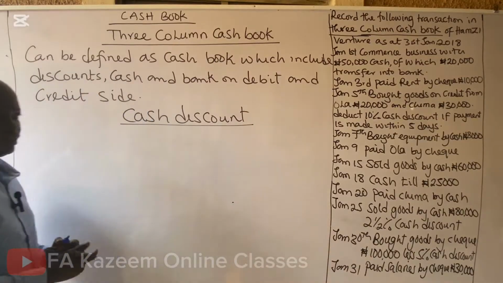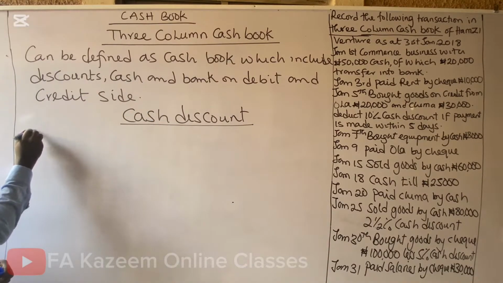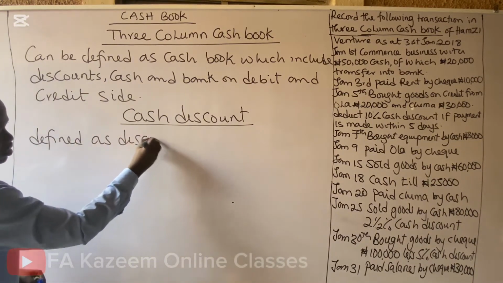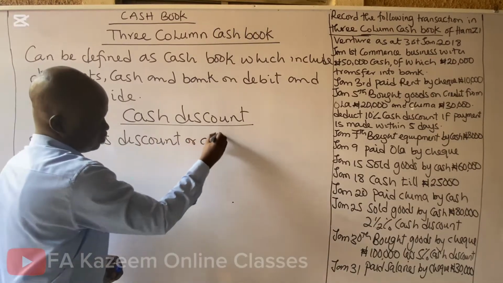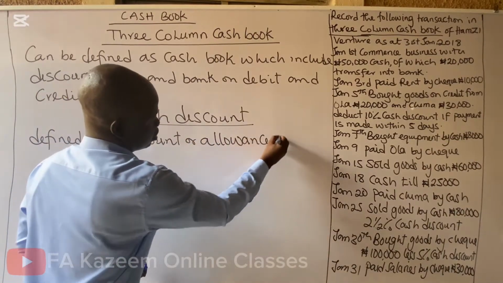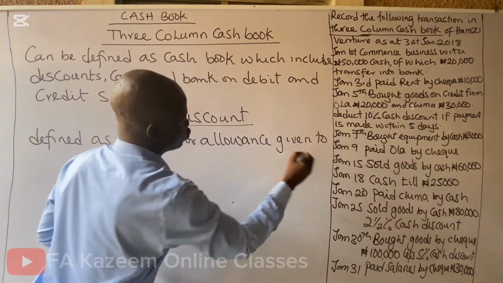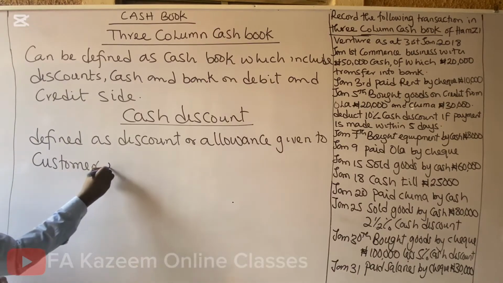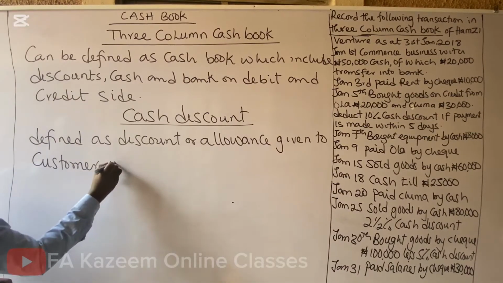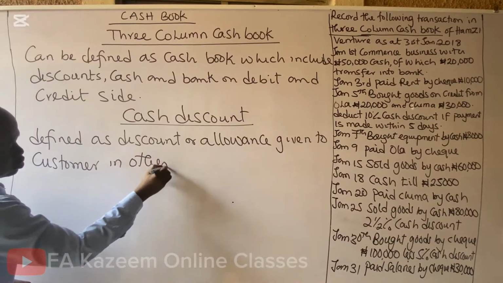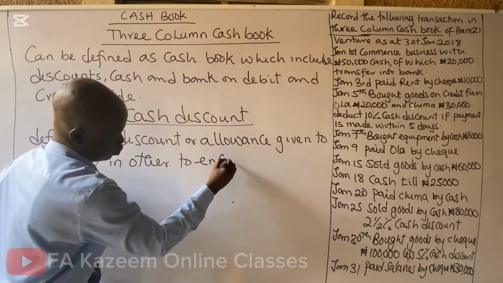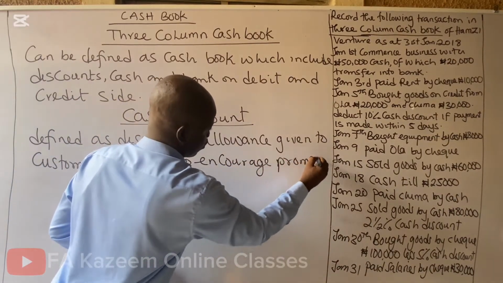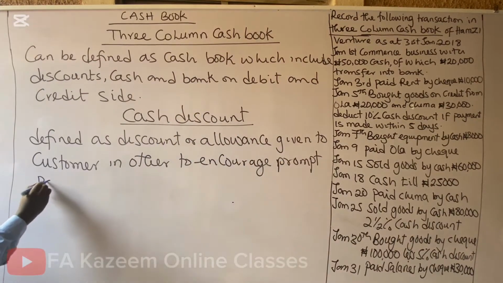What is cash discount? Cash discount can be defined as discount or allowance given to customer in order to encourage prompt payment.